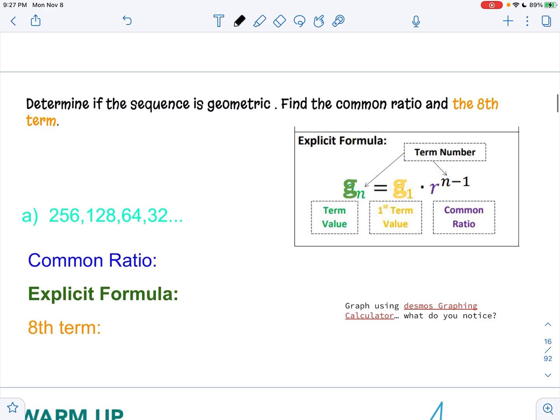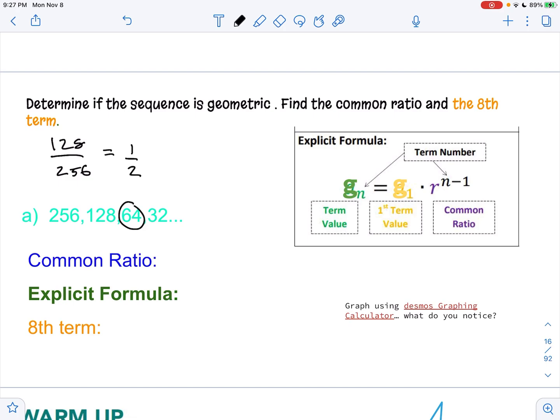All right, determine if it's geometric and find the common ratio. So here we go. 256 and 128. You're going to take the second term, 128, and divide it by 256. 256 divided by 128 is 2, so 128 divided by 256 is 1/2.